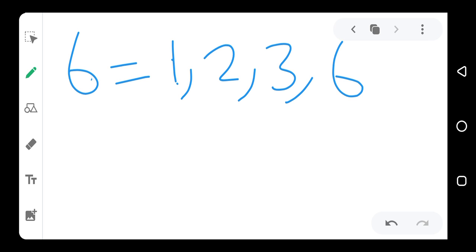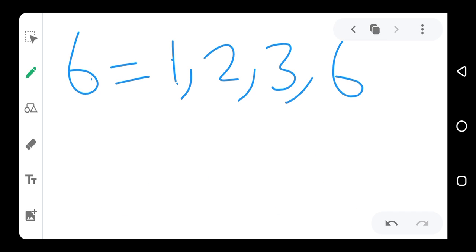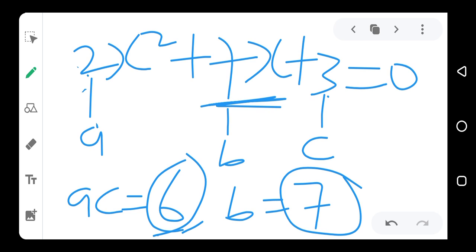So we use 1 and 6 to replace the value of 7x. We just put x in each of them. So we now have 2x squared plus the first factor is 1x plus the second factor is 6x, then plus the last value there, which is 3.